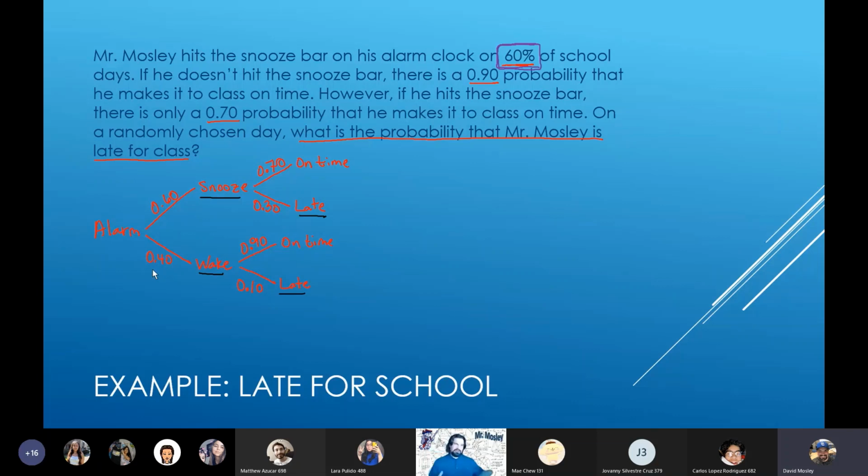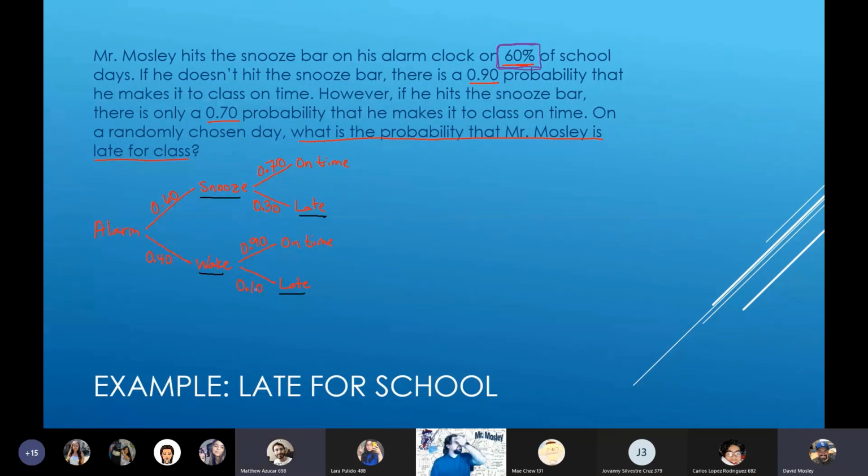I can either hit the snooze button or I can wake up. Branches off of a single event have to add up to 100%. Since I have two branches, I need these two to add up to 1, 0.6 plus 0.4. Then I have the 0.7 and 0.3, 0.9 and 0.1. Does that answer your question? Yes, thank you.